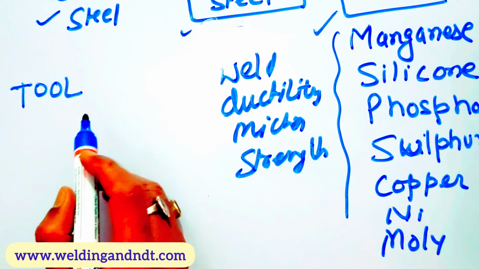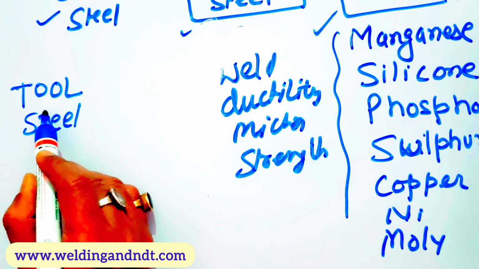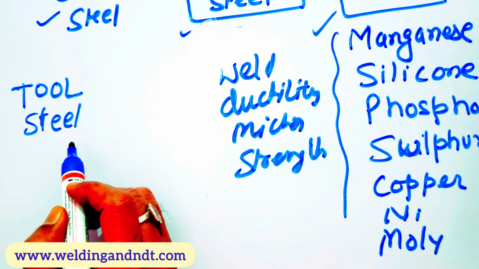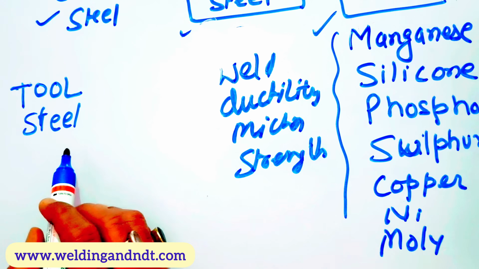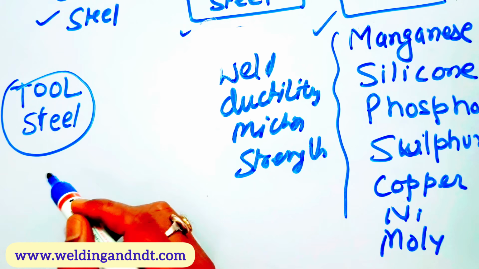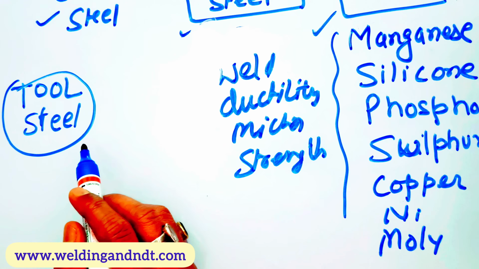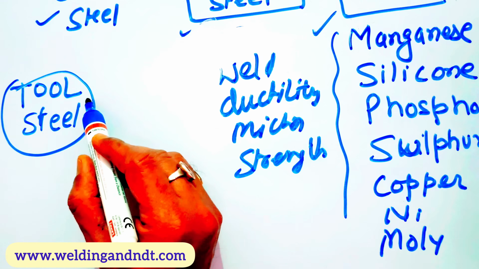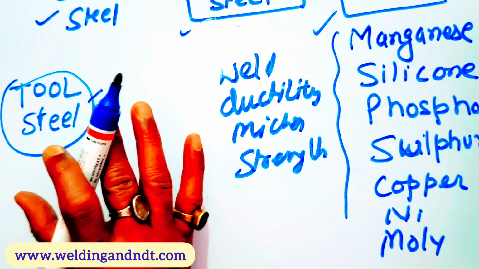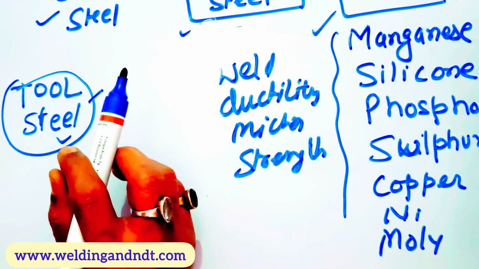So as the name suggests, tool steels are basically used to manufacture tools. Why? Because these are very hard. So due to this hardness, these steels are used to make tools. And certain alloying elements like cobalt, tungsten, molybdenum, etc. are mixed to make this steel hard.